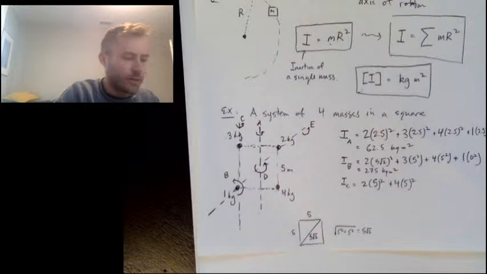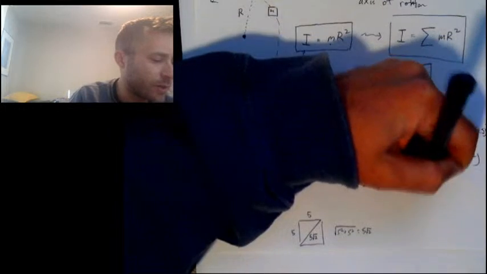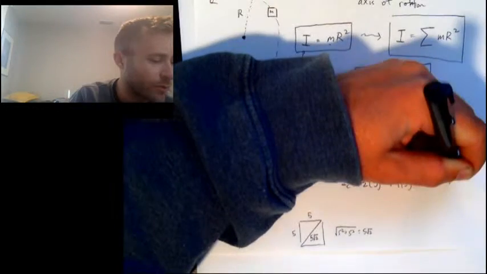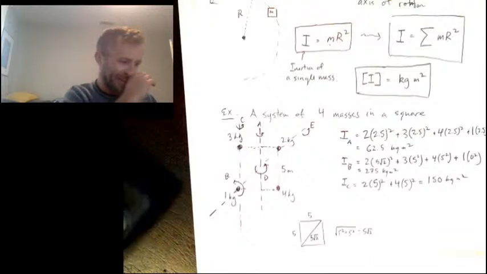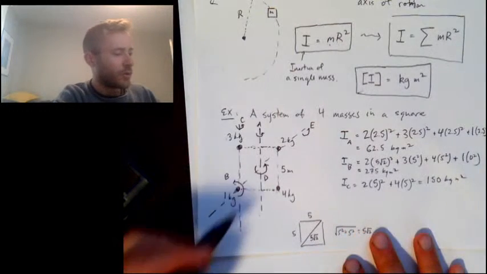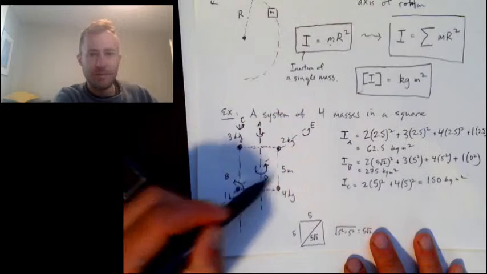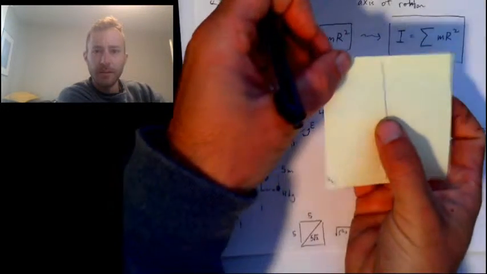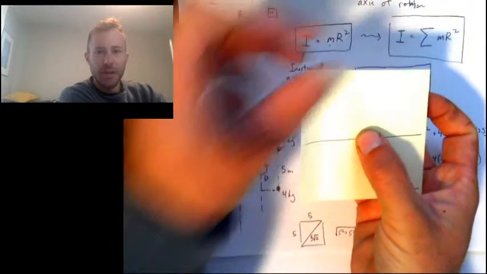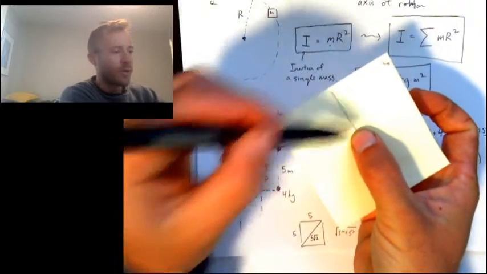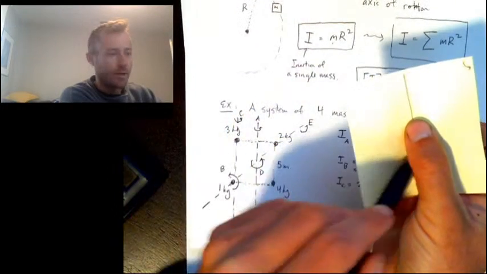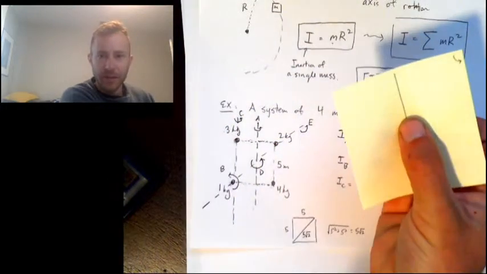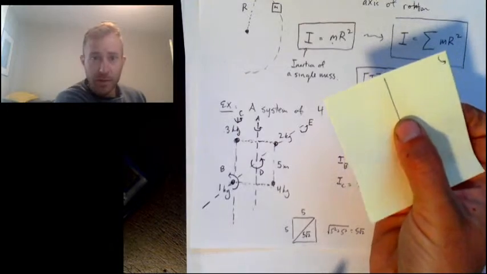Working that out, we get an inertia of 150 kilogram meters squared. All right. Looking at axis D. Axis D was rotating the square like this, and we can see that if I'm rotating it about its center, all 4 corners are the same distance away from the center of the square.